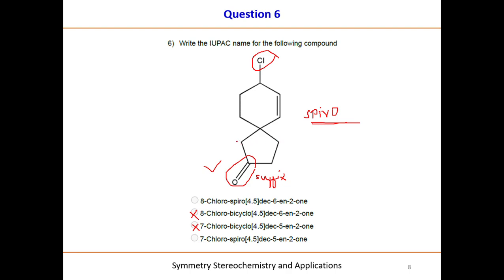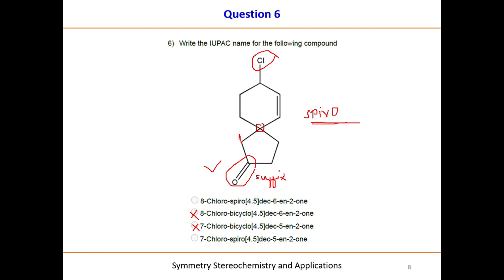Whenever we have a spiro compound, we have to give numbering to the smaller cyclic ring first. This 5-member ring is the smaller ring, so we give numbering from this ring. Carbon number 1 will always be the carbon next to the spirocarbon. This carbon is the spirocarbon, a tetra-substituted carbon.